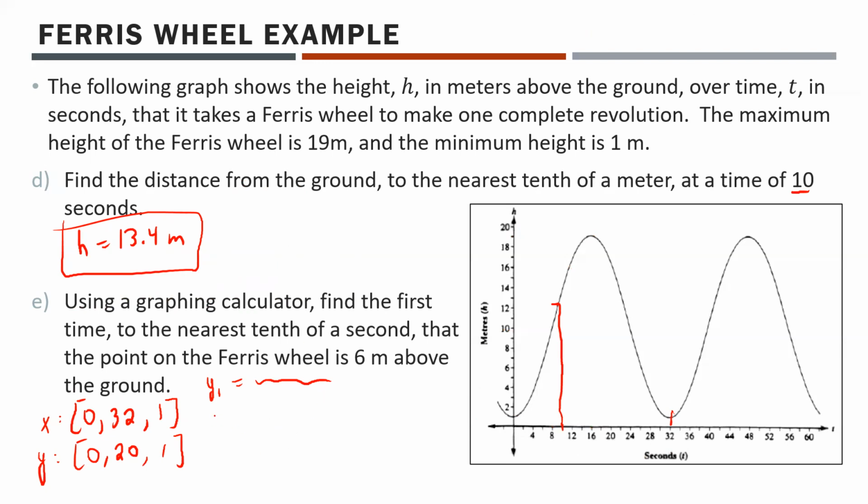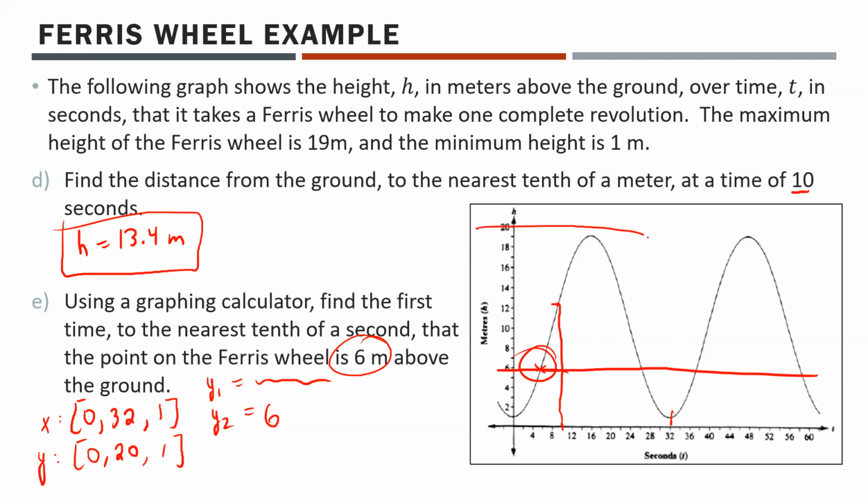As for Y2, we're looking for the first time the Ferris wheel is 6 meters above ground. So we're looking for this point right here. For Y2, I entered 6, because that's going to draw a horizontal line at 6 meters. Just like that. What I did from there was second, trace, and then intersect, which lets me find the intersection between these graphs, and I just focused in on this point.